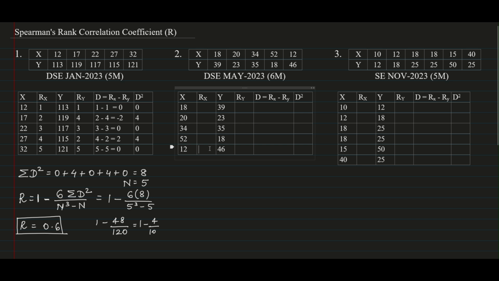So smallest is 12, then 18, 20, 34, 52. Here the smallest one is 18, followed by 23, then 35, 39, 46.